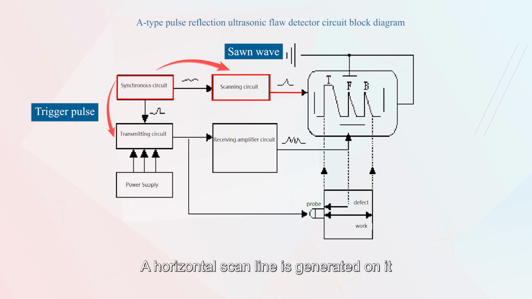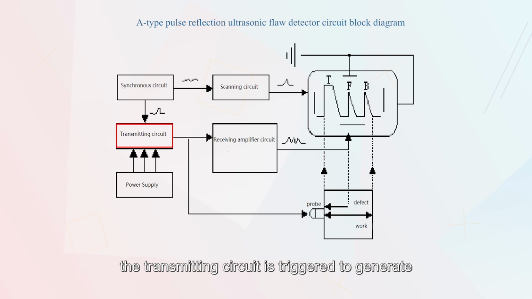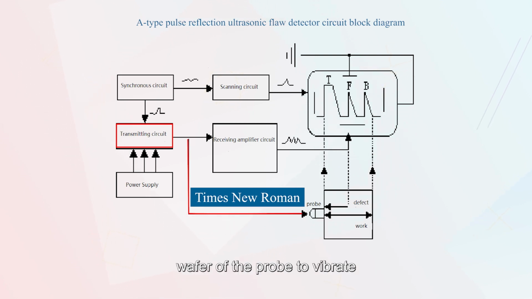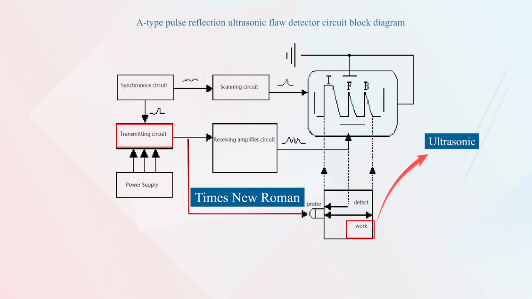A horizontal scan line is generated on it. At the same time, the transmitting circuit is triggered to generate high-frequency narrow pulses, added to the probe to excite the piezoelectric wafer of the probe to vibrate, and ultrasonic waves are generated in the workpiece.